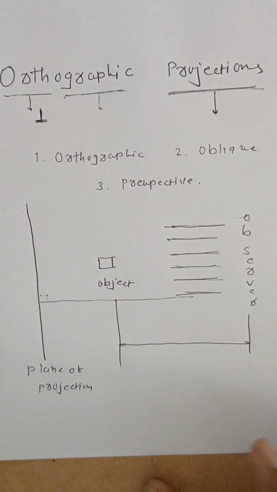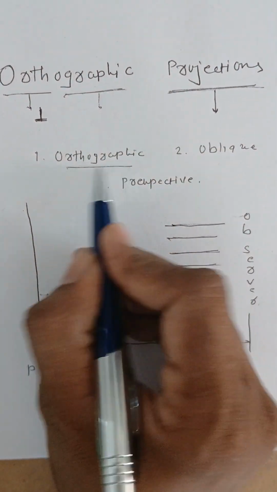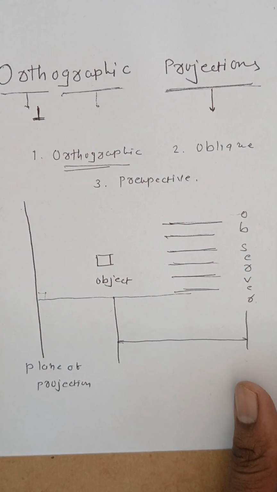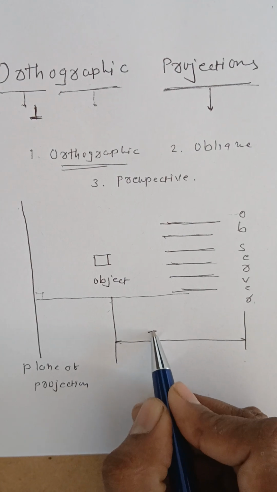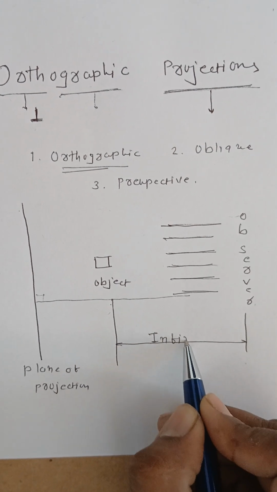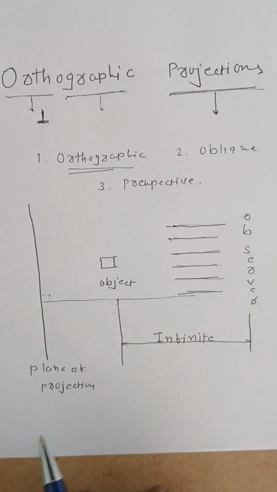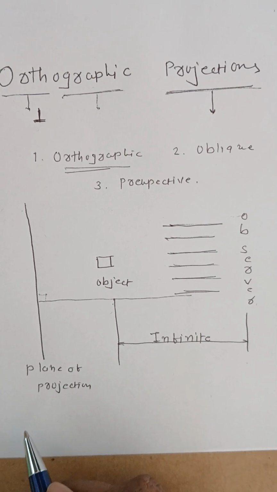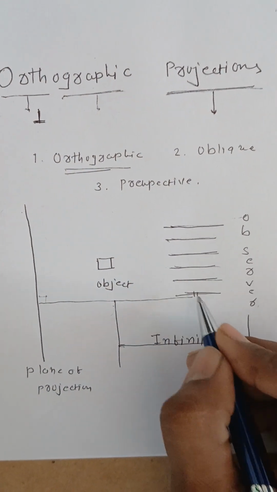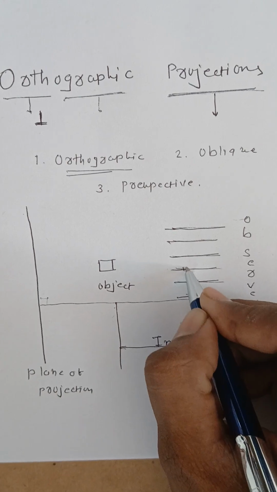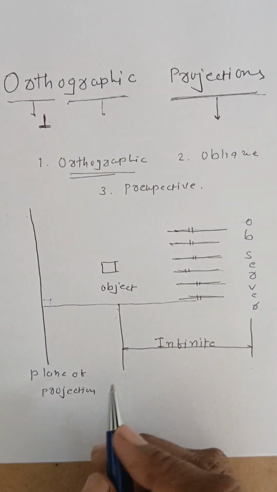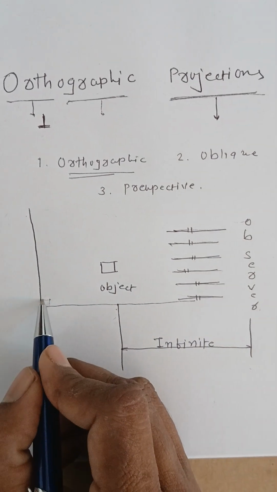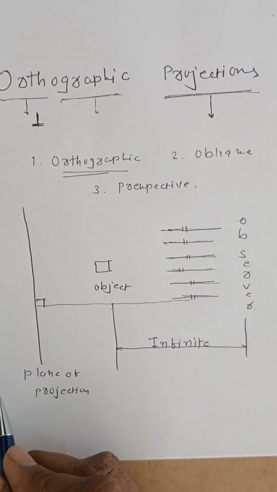So we will start with orthographic projection first. Orthographic projection means what? The object is at infinite distance from the observer. This is our first condition. Second condition, the rays from the observer must be parallel with each other. And the rays must be perpendicular to the plane of projection.